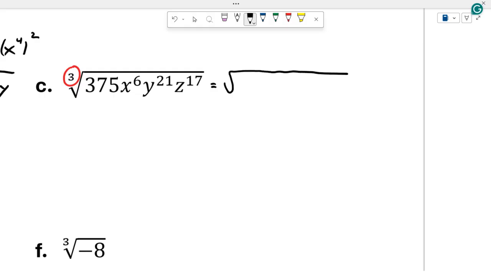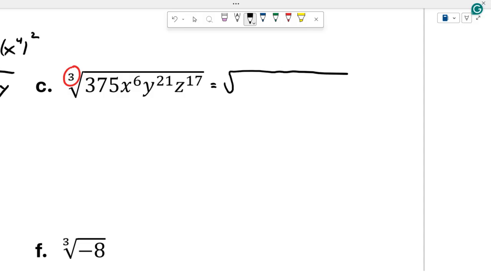I want to think in terms of, what is the largest cubic number that goes into 375? Well, 1 is a cubic number because 1 cubed is 1, but 1 doesn't really help because when you divide by 1, it doesn't change anything.